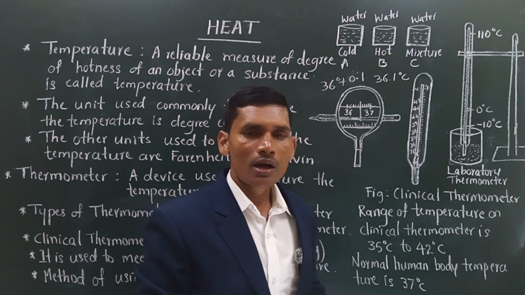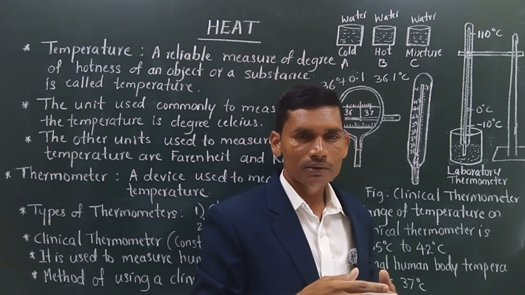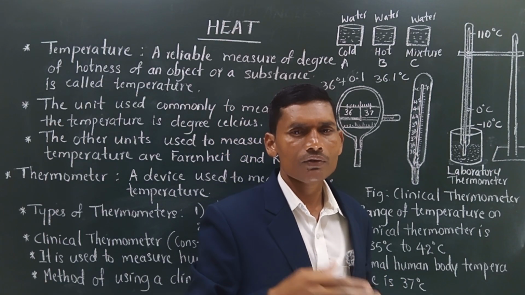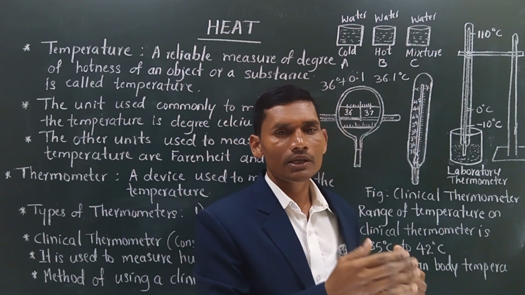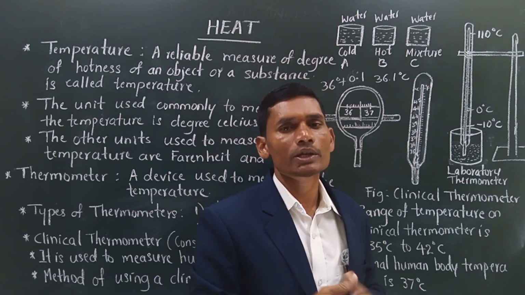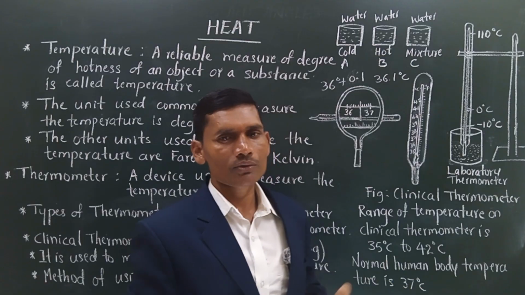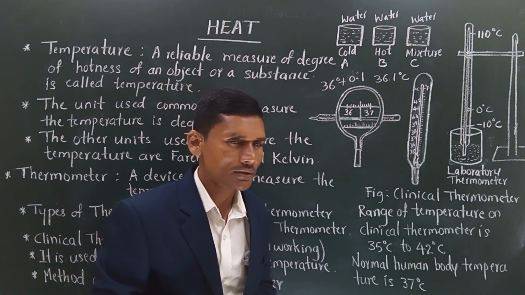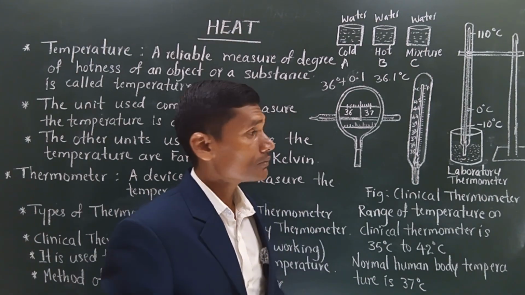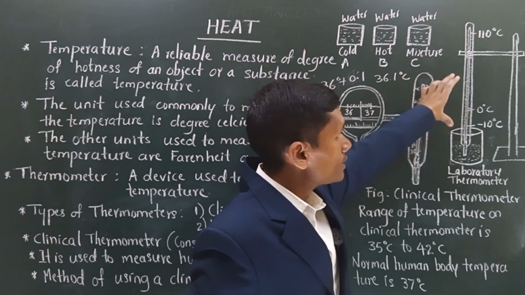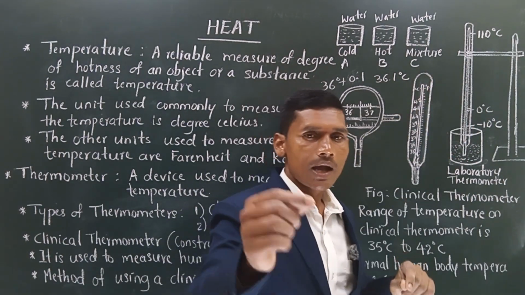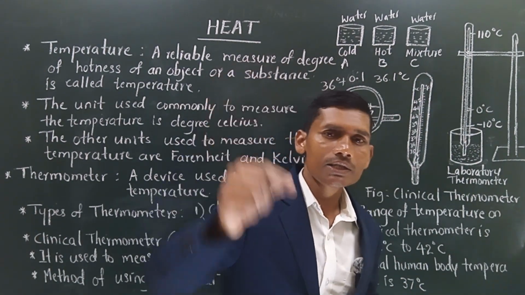Because in the clinical one, our body temperature just lies within the range of 35 to 42. Ours, as you know, is 37 degrees Celsius body temperature, right? That is why it operates within that range. Whereas this one has the range from minus 10 degrees Celsius to 110 degrees Celsius.